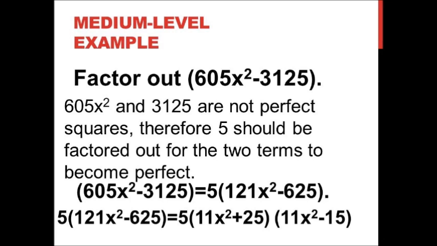Once you have your set of perfect squares, you're close to answering it. So you will just put it as 5 times the quantity 11x plus 25 times the quantity 11x minus 25. So there, you have your answer. It's really easy and you can do this.